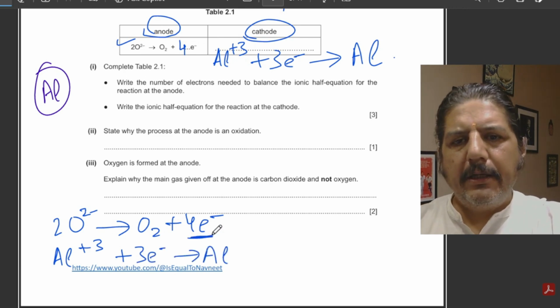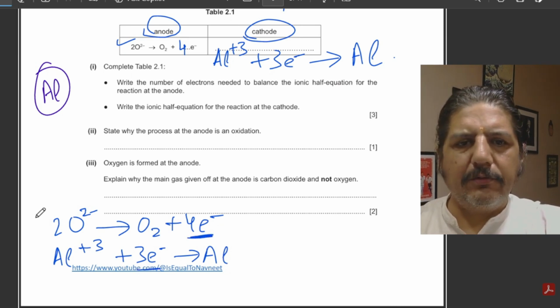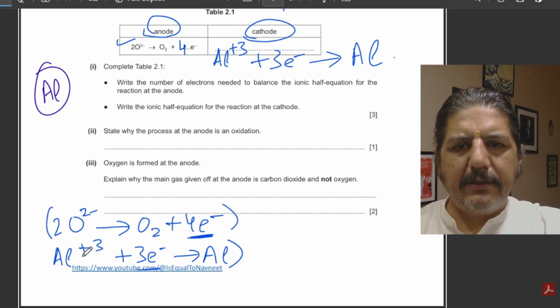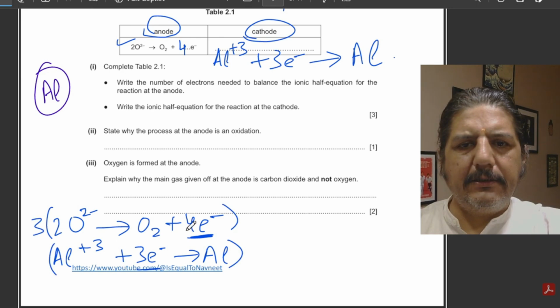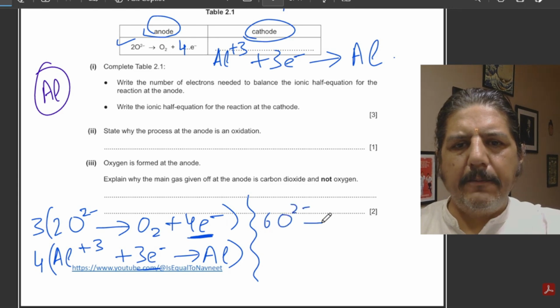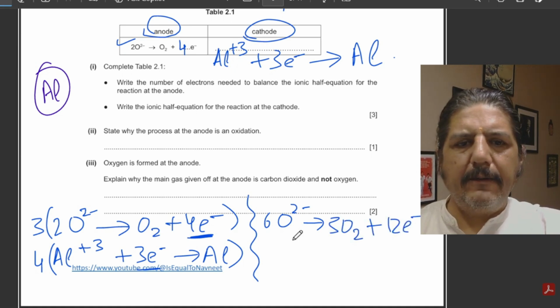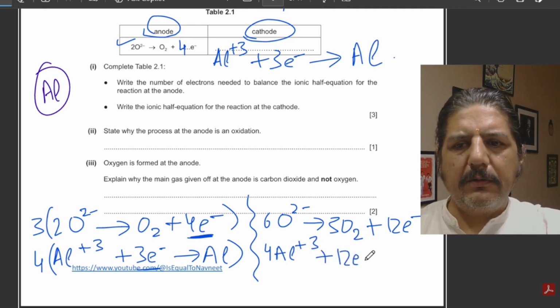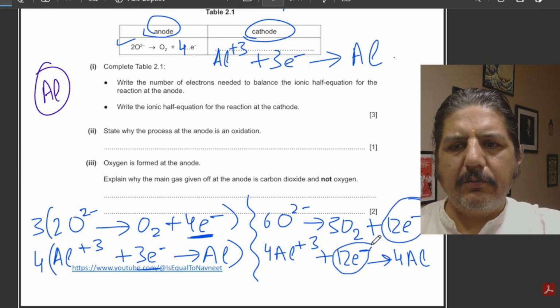Now here there are 4 electrons, here there are 3 electrons. So this needs to be balanced, and that is why we multiply the first one by 3, the second one by 4, so that we have an equation like this. 6O2- gives 3O2 plus 12 electrons, and 4Al3+ plus 12 electrons gives 4Al. Now, if you see, electrons are balanced on both sides of the equation.